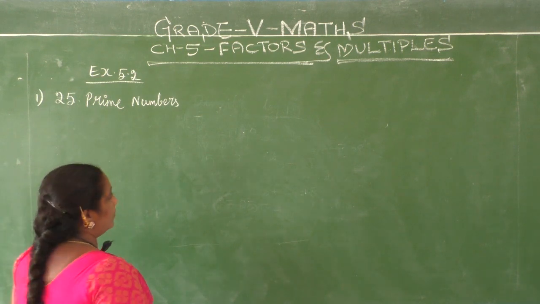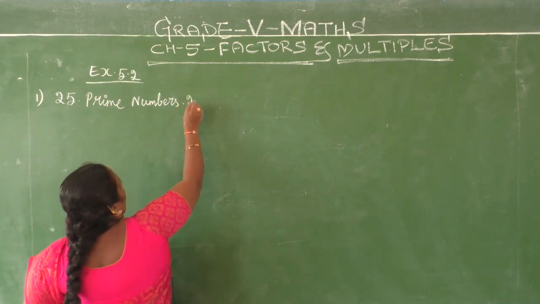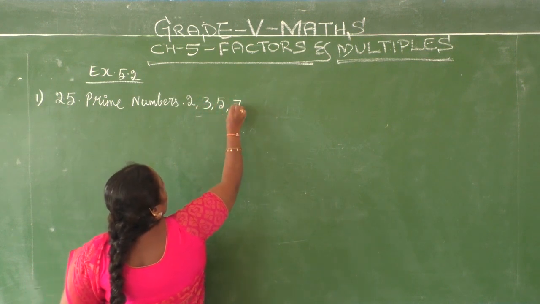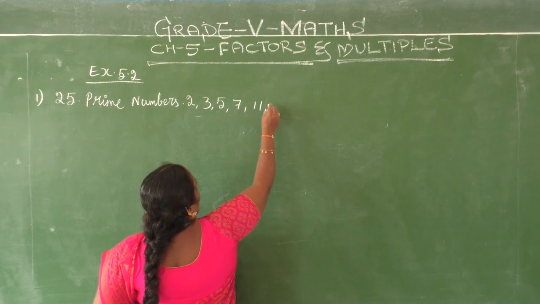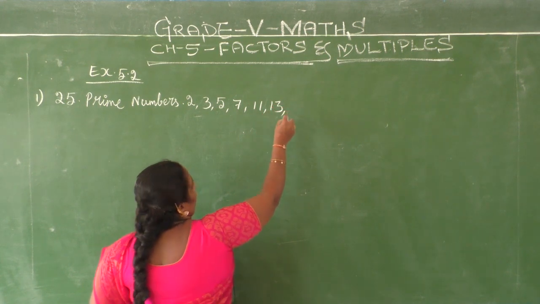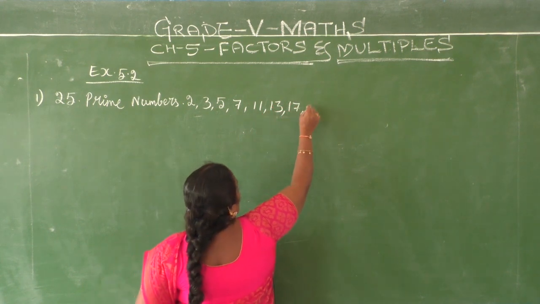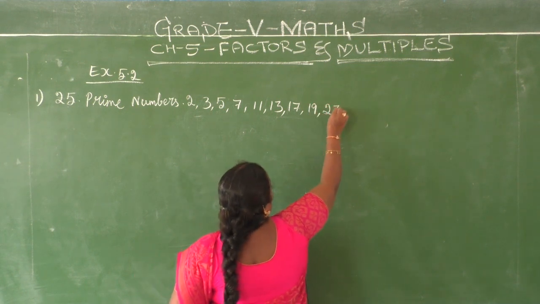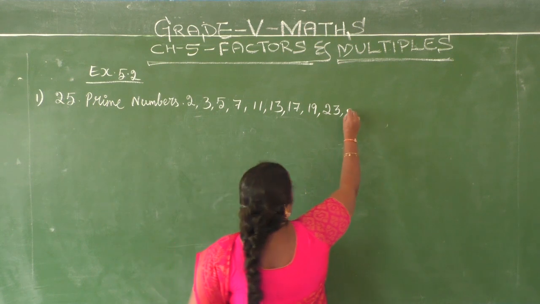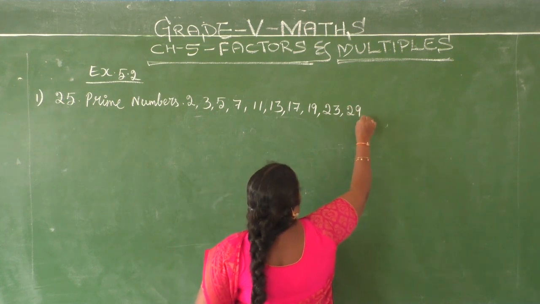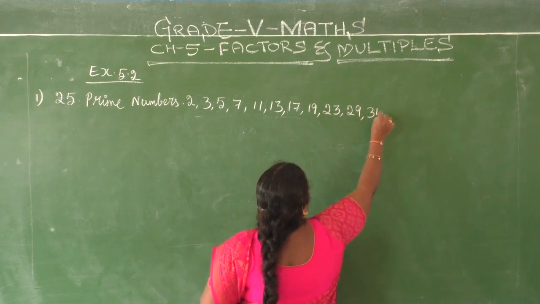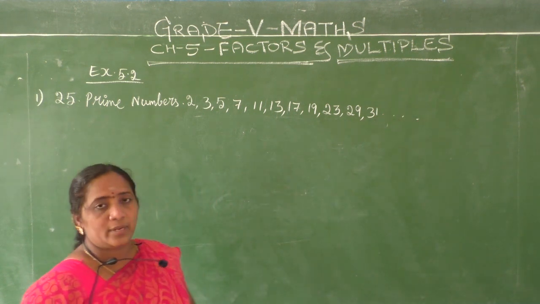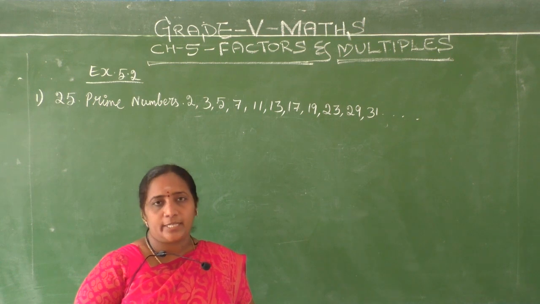So what are the prime numbers? 2, 3, 5, 7, 11, 13, 17, 19, and then 23, 29, 31. Likewise it will go. So the remaining prime numbers you have to check and complete.